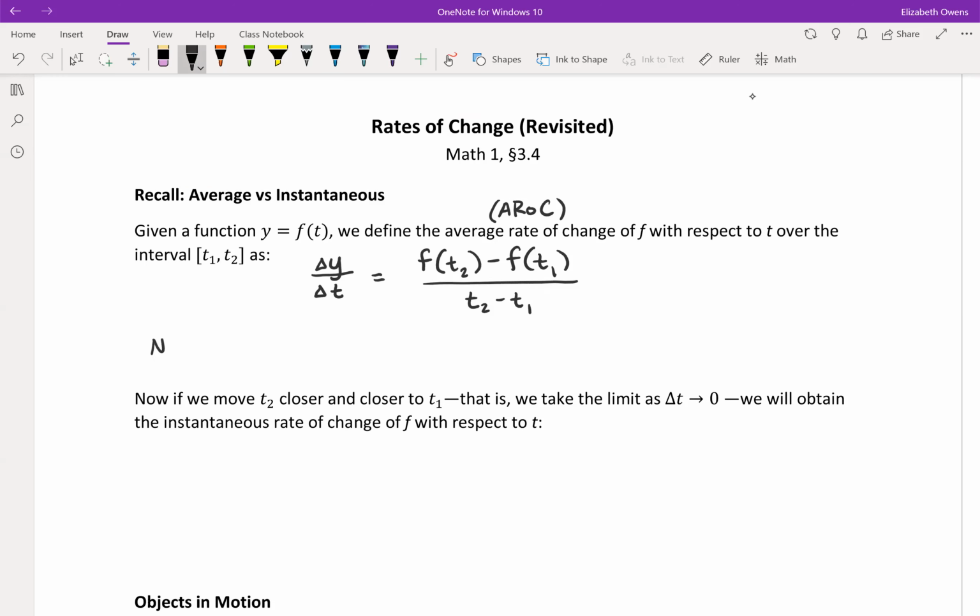And note that it's also the formula for something else, right? This is also a slope formula. So this is the slope of the secant line. Okay, so a secant line, because we have 2 points that we're looking at.